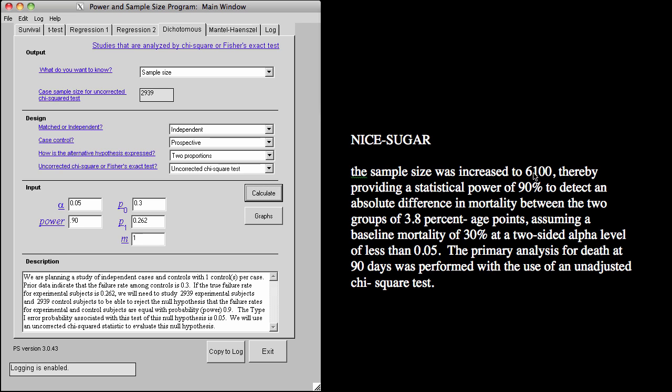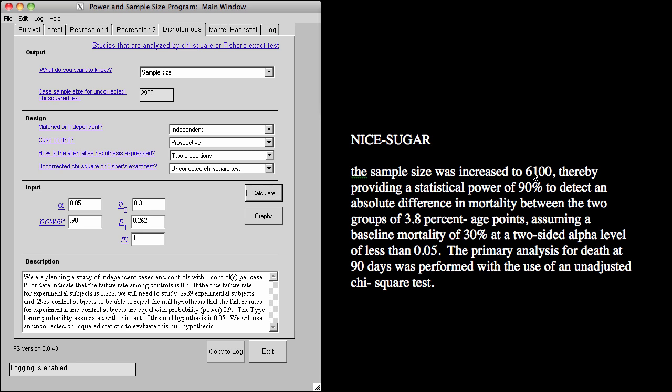I'm guessing what they did, they also accounted for some patients being lost within their study because they were following them for 90 days. So I'm guessing they had made some adjustment there, but they didn't necessarily say that in the methods. So should we be worried that our number didn't match up to their number?